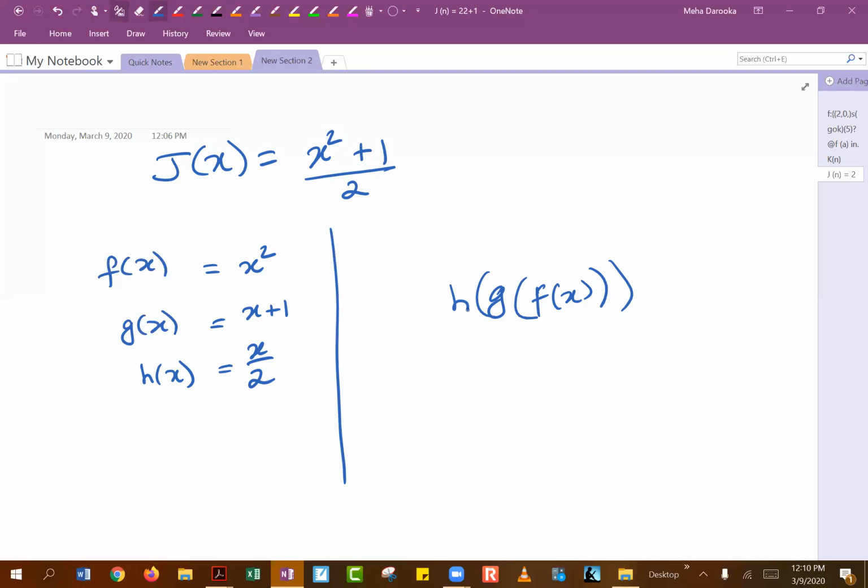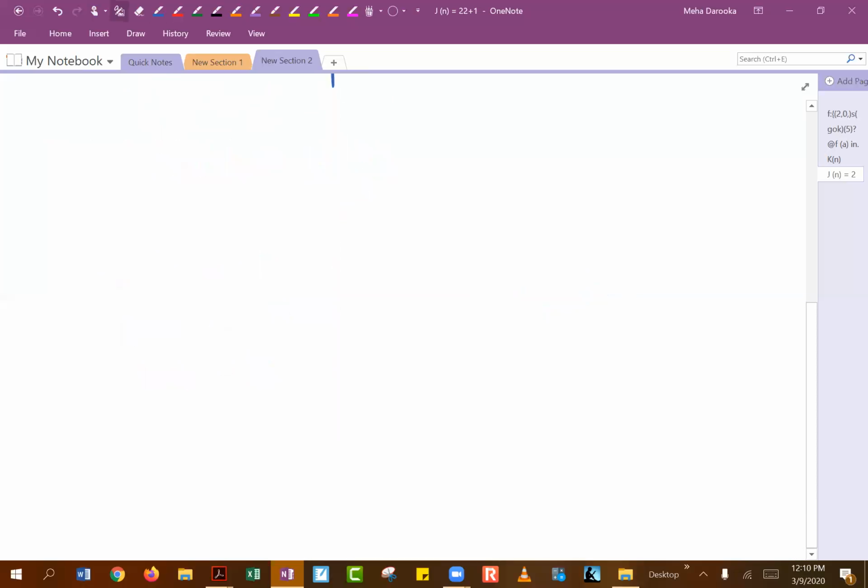Okay, let's try it with one more example. You know what? I'm going to do a bunch of 3s. Still break it down, operation by operation.